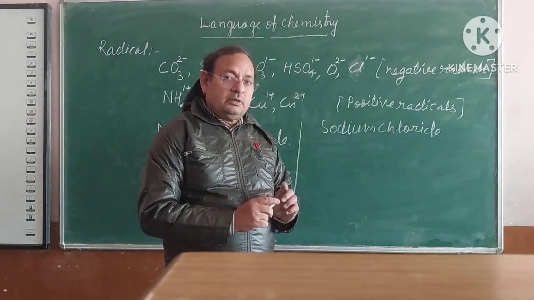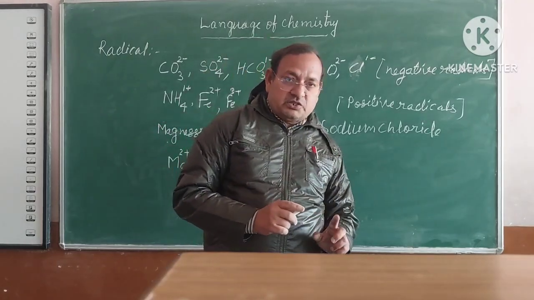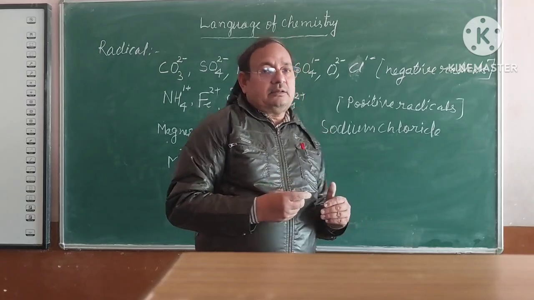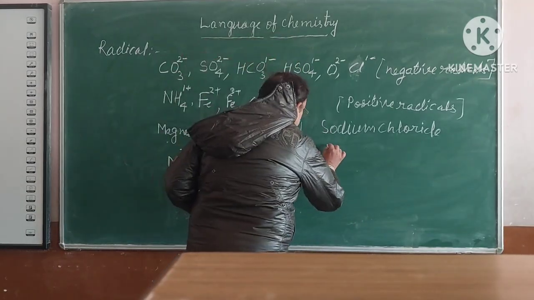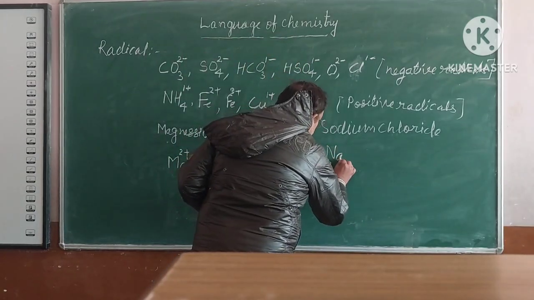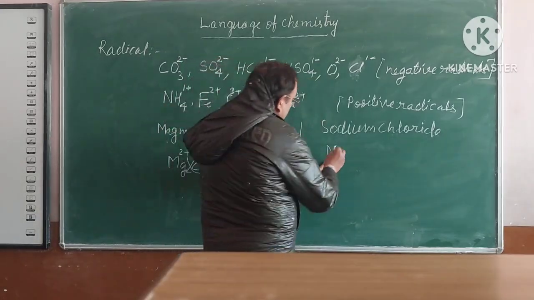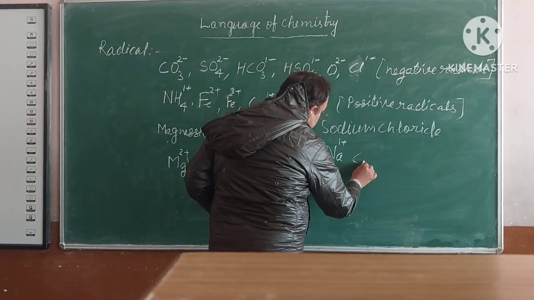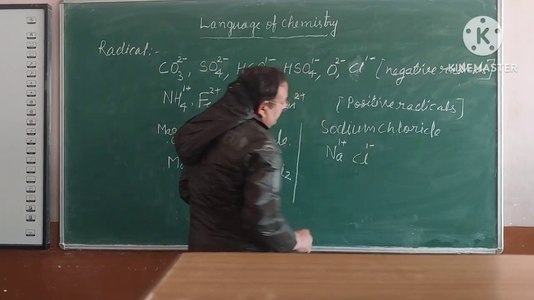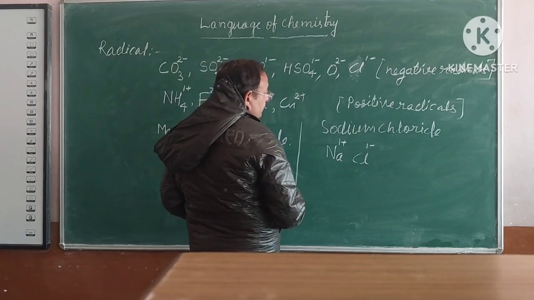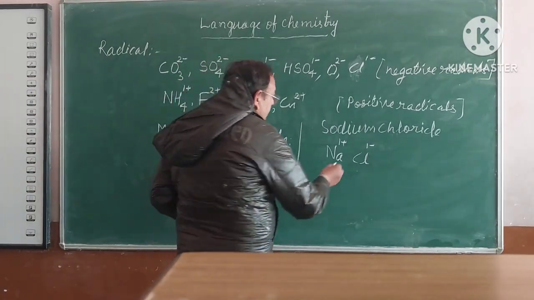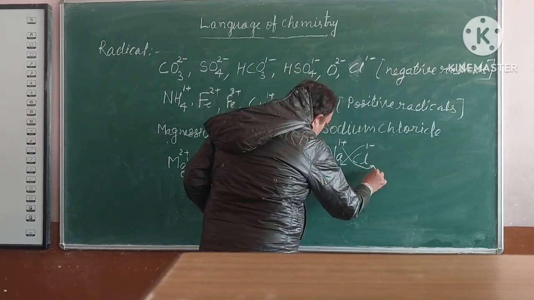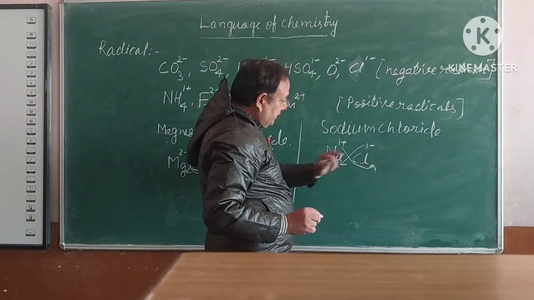Already I told you, first we write the positive radical, then the negative radical. Now I write the positive radical, sodium Na. All of you understand the sodium radical is Na plus 1 and the chloride radical is Cl minus 1. Then we do the crisscross method. This 1 will come here and this 1 will come below the chlorine.